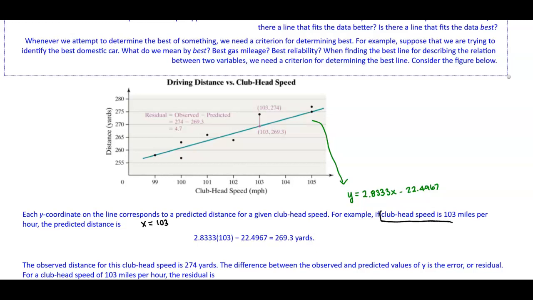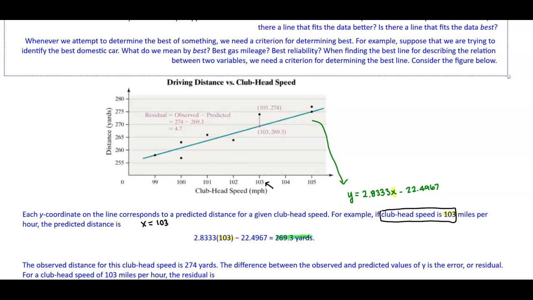If we know the club head speed is 103, we're looking at this value on the x-axis. Then we plug that value for x into our equation: 2.8333 times 103 minus 22.4967, and that gives us 269.3 yards.